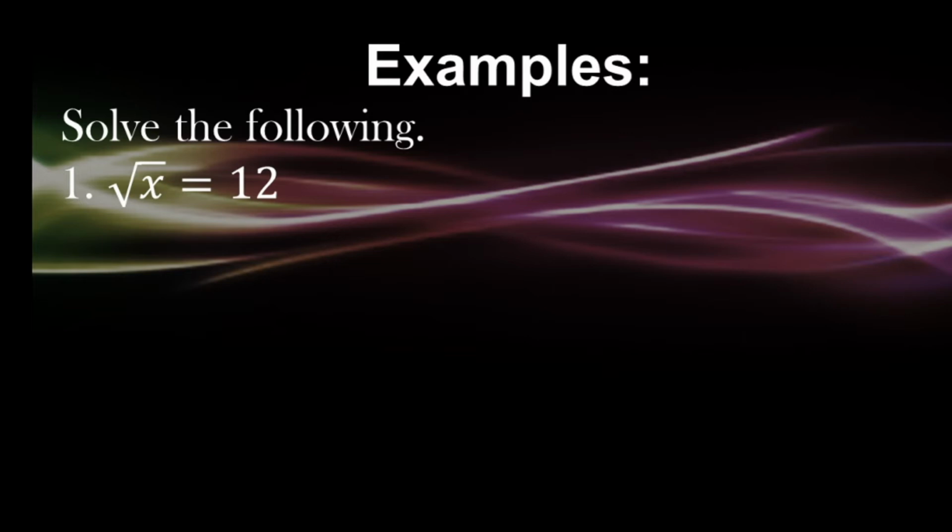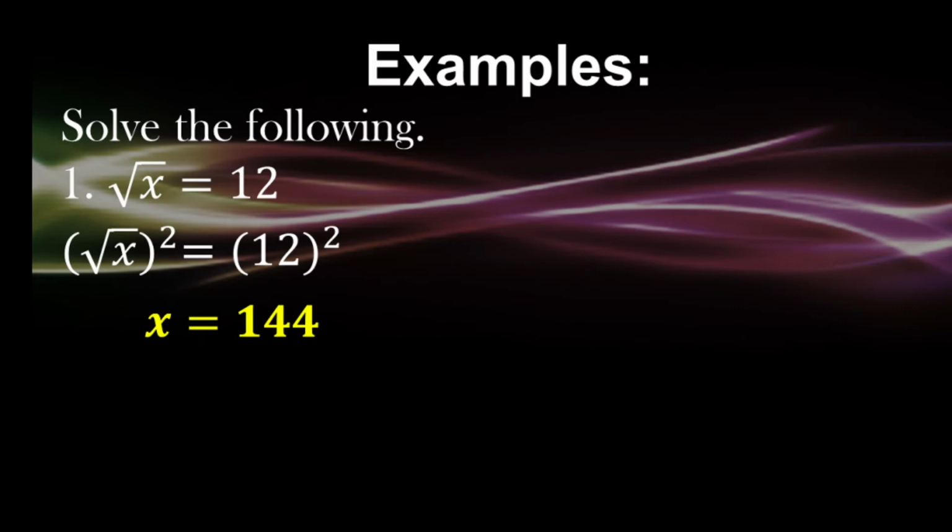That means we need to raise both sides of our equation to 2. So we have quantity square root of x raised to 2 is equal to quantity 12 squared. By applying the laws of radicals and laws of exponents, we have x is equal to 144.